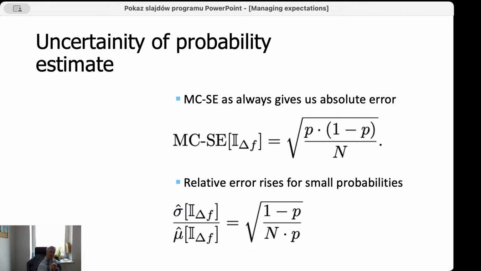Probability estimates are not equal to, for example, moments and cumulants, because moments and cumulants are relatively easy to compute with their own uncertainty.